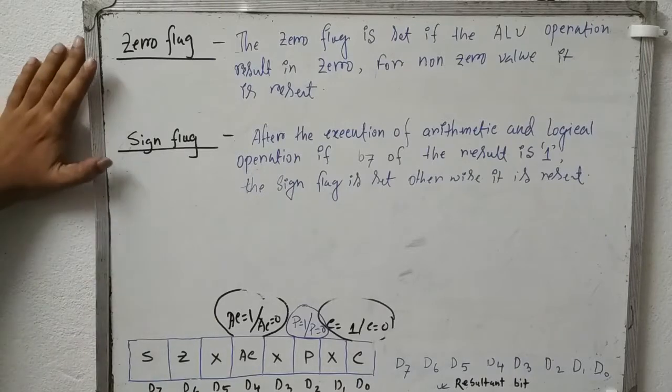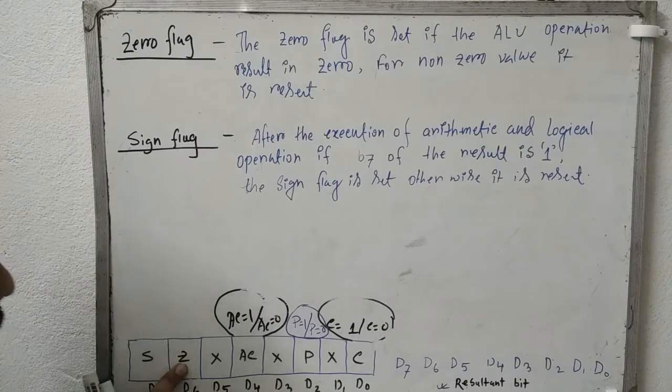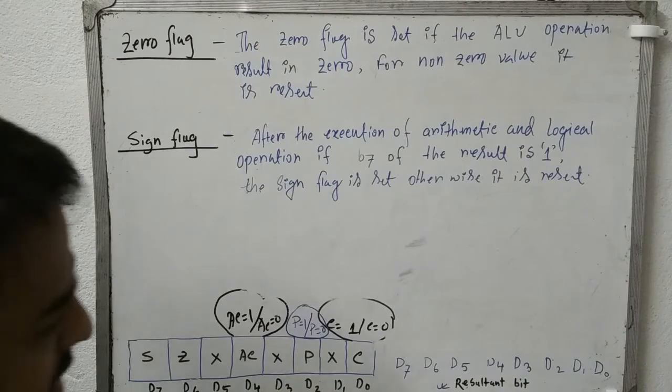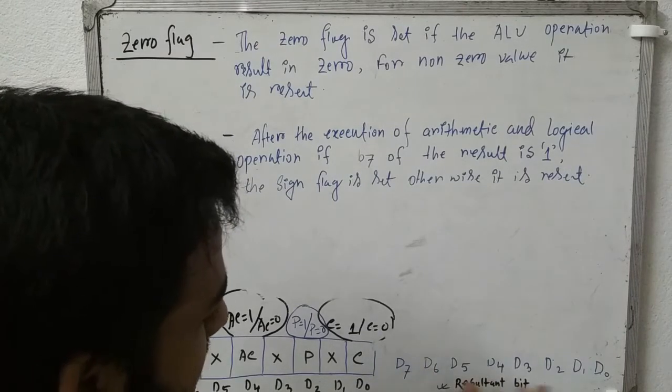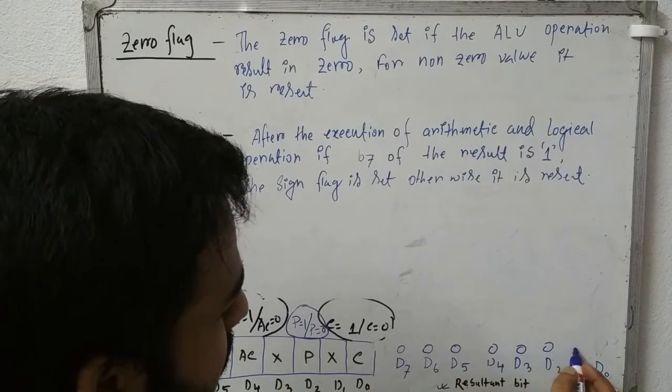Now our next flag is the zero flag. After the execution of an arithmetic or logical operation, if the ALU provides a zero result, the zero flag will be set, and if it provides a non-zero result, the zero flag will be reset. What does it mean? A zero result means all 8 bits of that number are 0, 0, 0, 0.